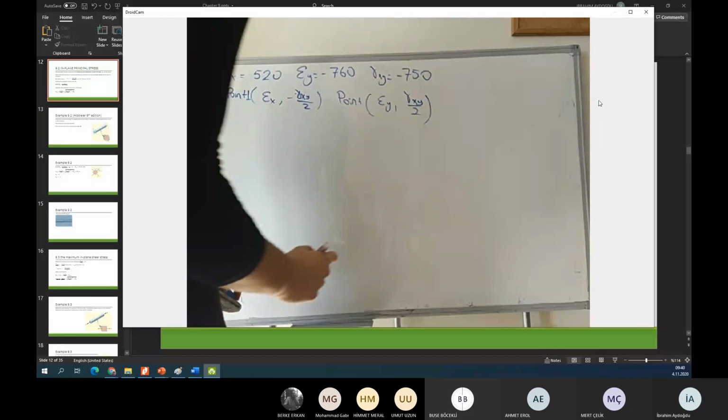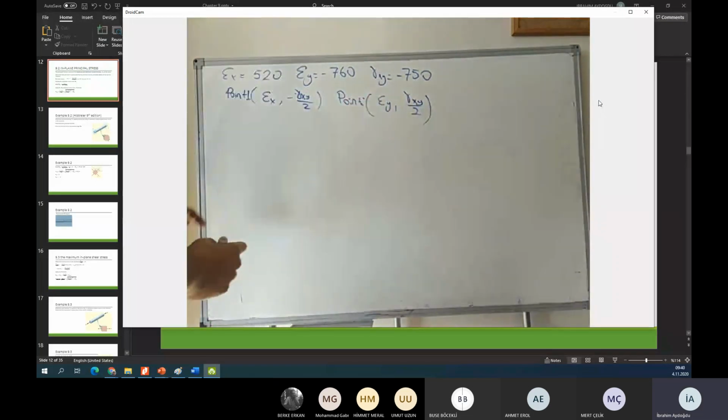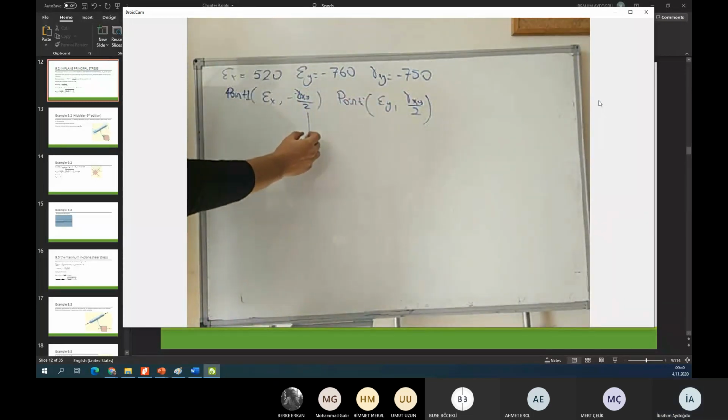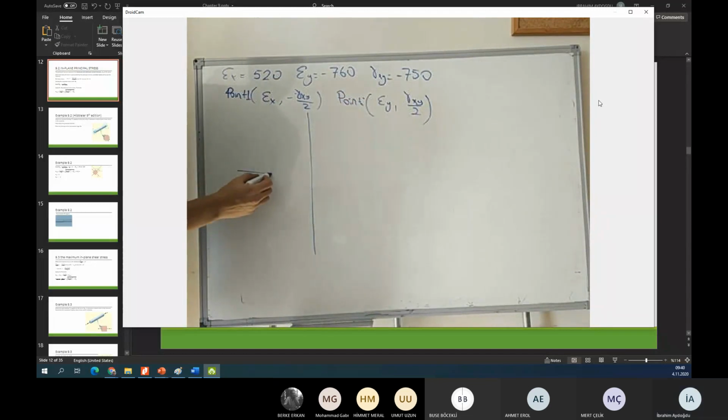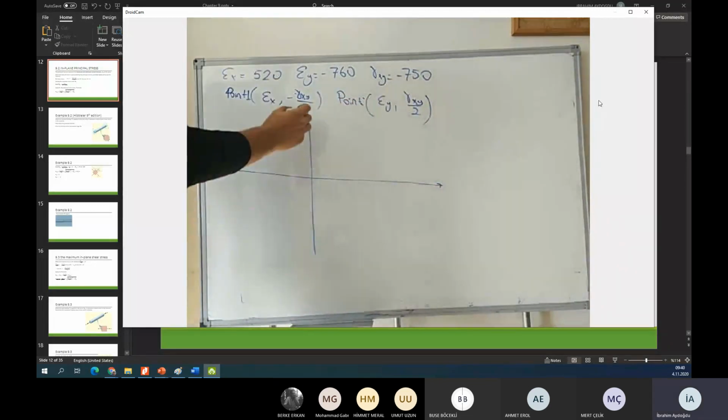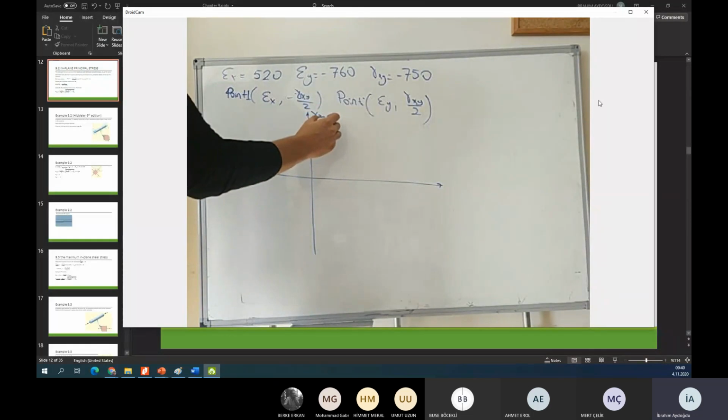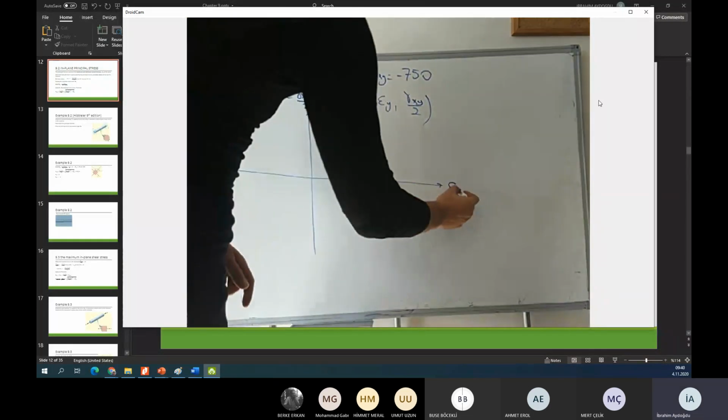Okay, my second point. Now I am ready to locate these points in my coordinate system. This is gamma xy divided by 2, and this one is epsilon.